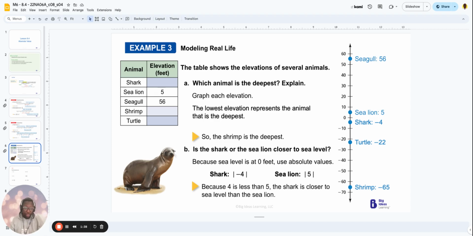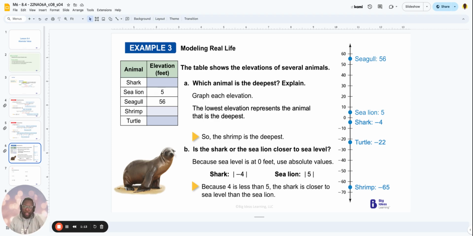It's 4 units, or in this case, since we're dealing with feet, 4 feet. What about the sea lion? The sea lion is 5 feet away from 0. So which is closer to sea level? Because 4 is less than 5, the shark is going to be closer to sea level than the sea lion. Does that make sense? If it makes sense, give yourself a thumbs up and give yourself a pat on the back.